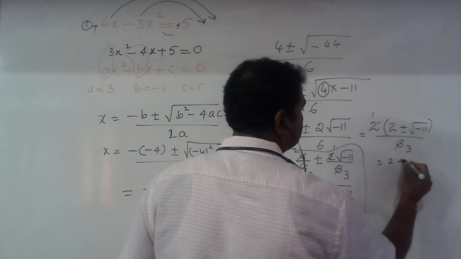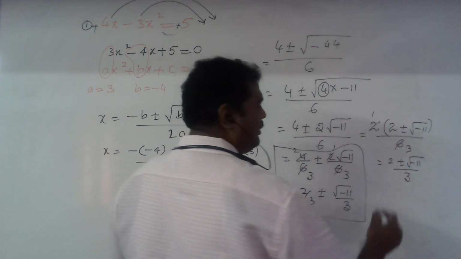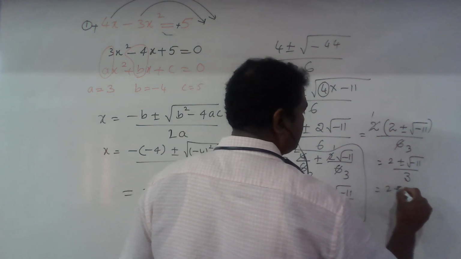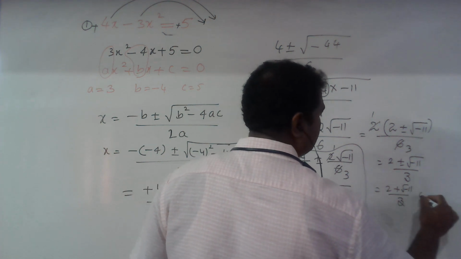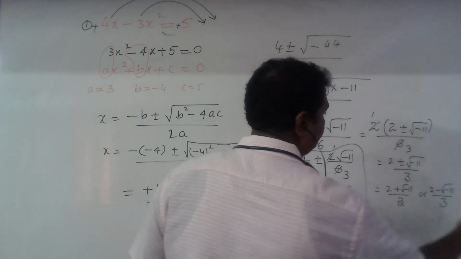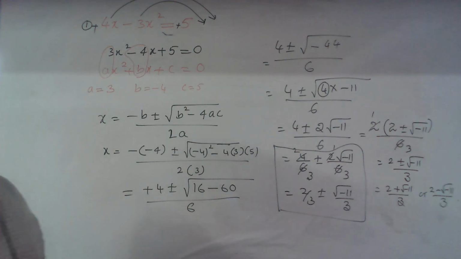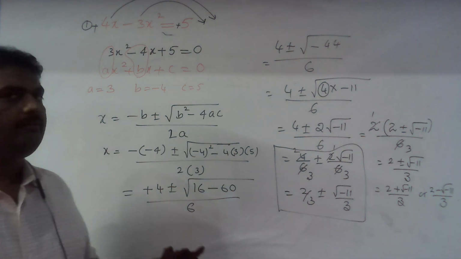So therefore your answer is 2 plus or minus root of minus 11 by 3. So now it has 2 roots. One is 2 plus root of minus 11 by 3, and another one is 2 minus root of minus 11 by 3. So this is the method of solving a quadratic equation by the method called the formula method.